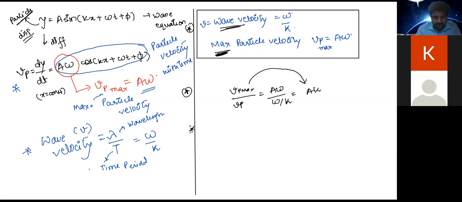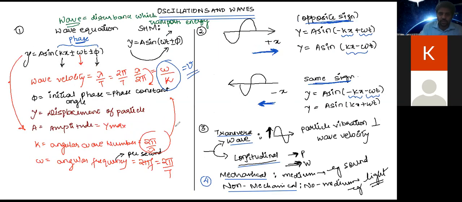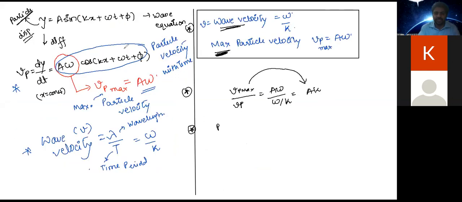What next did we read, Atul? So then phase change. We understood that there is something called phase, and there is something called phase constant. This entire term is called phase, whereas only this term, phi, is called phase constant. So suppose now I just talk about phase change, delta phi.